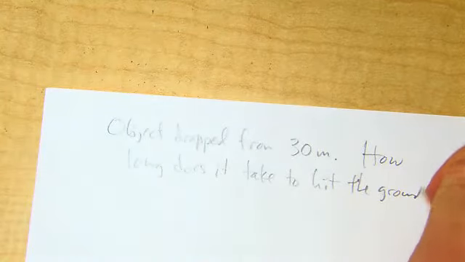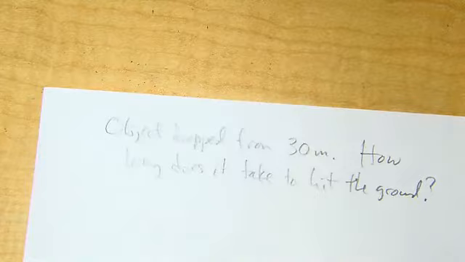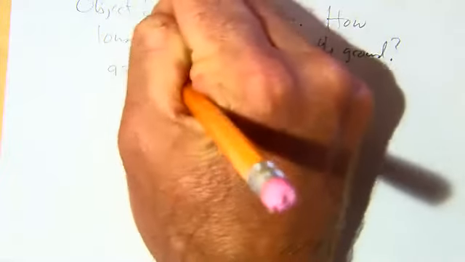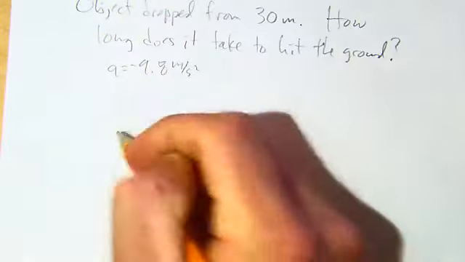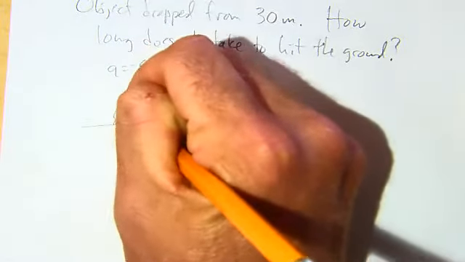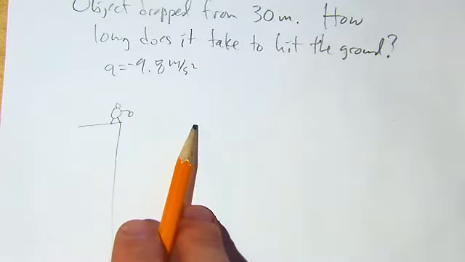Okay, we're always assuming on these, if it's dropped or thrown up in the air, that a is negative 9.8. So a equals negative 9.8. You do need to draw out a picture on all these, okay? Drop there. You can either define 0 height to be here or here.